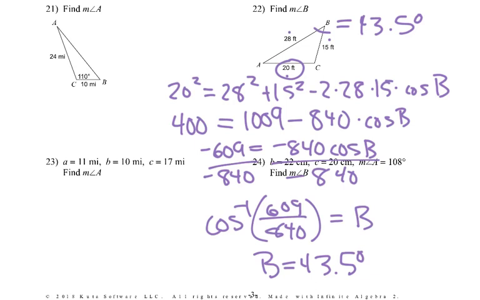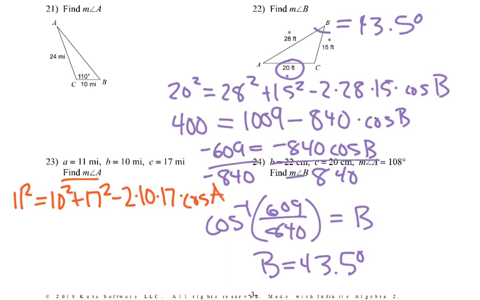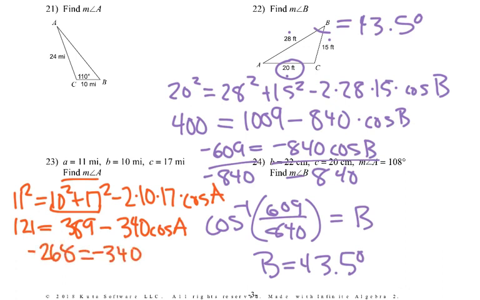Okay. Now 23 is the same way. But it's angle A, so I go A is by itself. And that's a critical part of doing it, right? Times the cosine of A. So I get 121 equals 389, that's these two together, minus 340 cosine of A. So 121 minus 389 gives us negative 268 equals negative 340 cosine of A. Divide by negative 340.